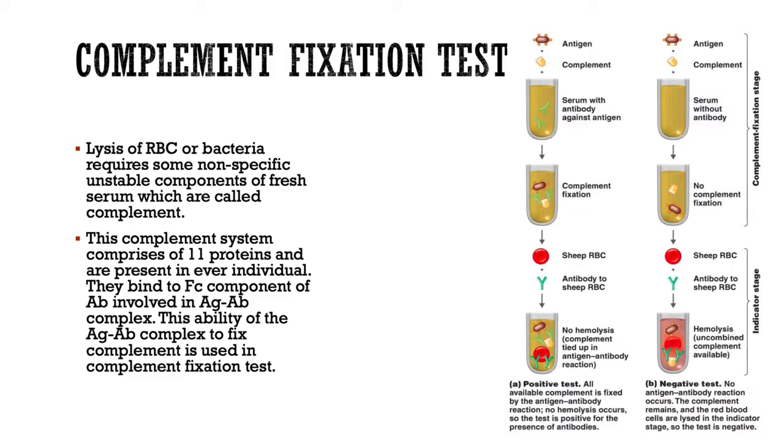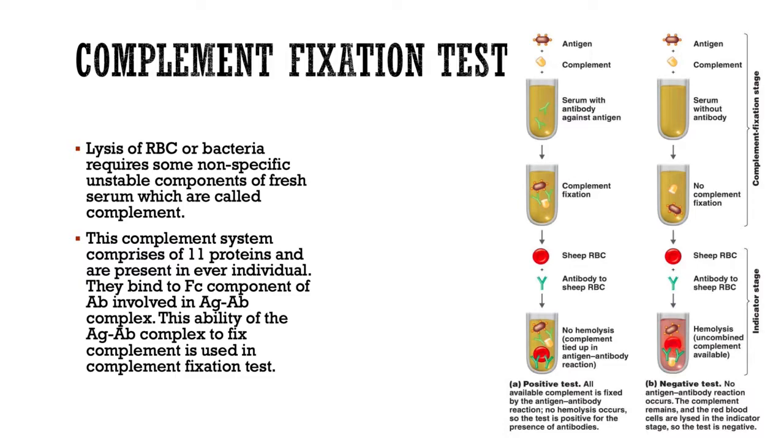Because the complement fixation has already occurred in the first tube, so the sheep RBC along with the antibody to sheep RBC cannot use it. So it is the positive result. All the available complement is fixed by the antigen antibody reaction, so no hemolysis occurs in the presence of the antibody.